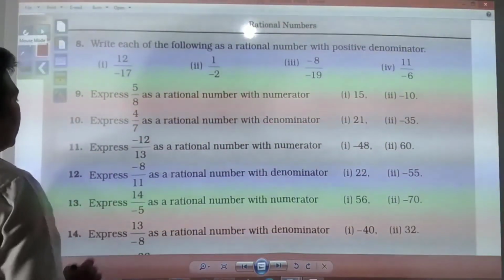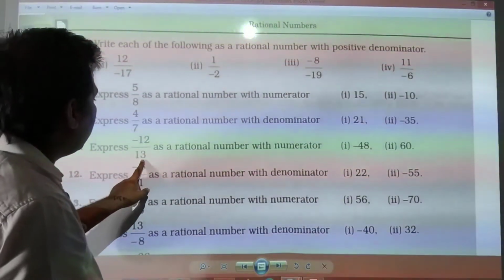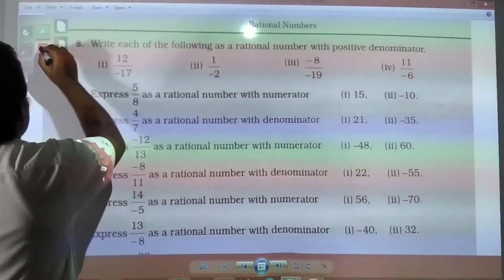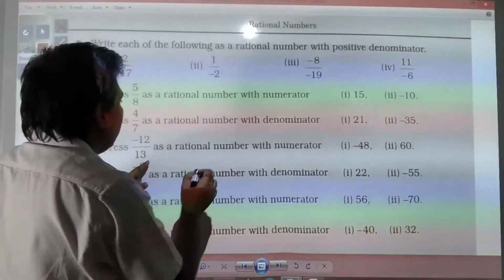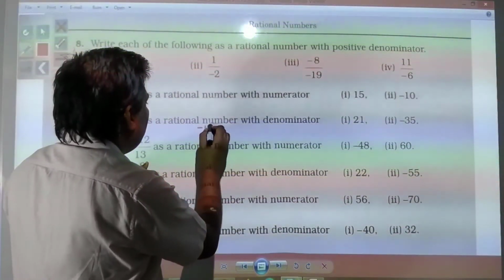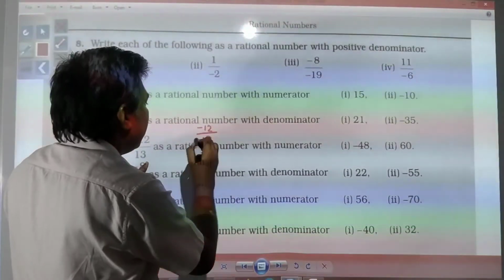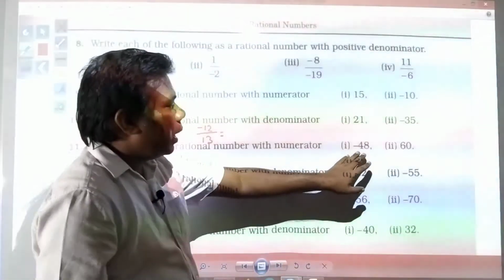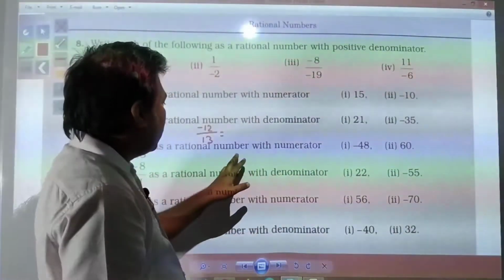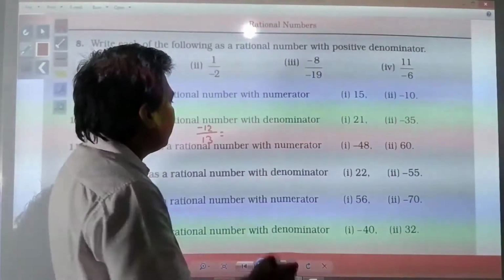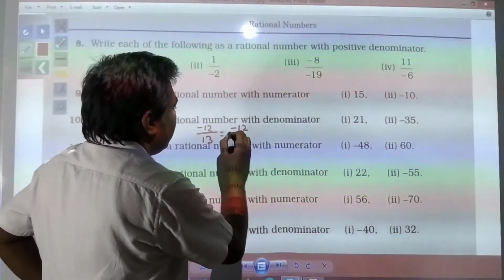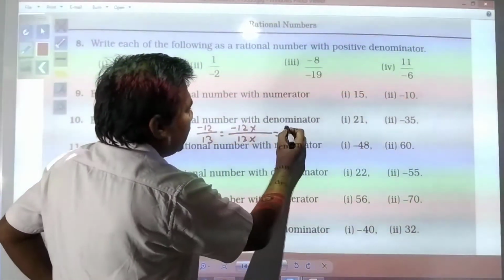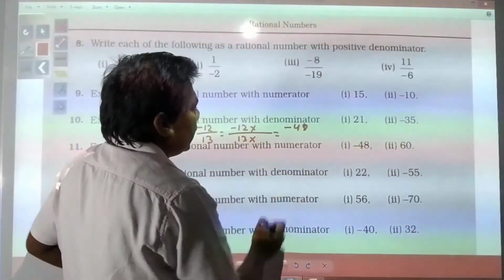Next you see: express minus 12 by 13 as a rational number with numerator minus 48. In the same way, this needs to be solved. You have minus 12 by 13, and you need to convert that into the form where the numerator should be minus 48. So what number will we put over here so that it becomes minus 48?